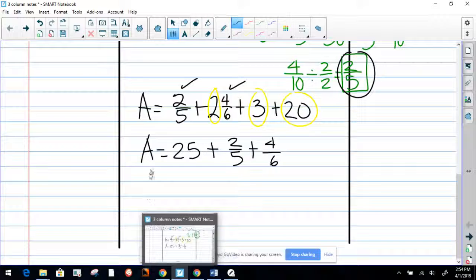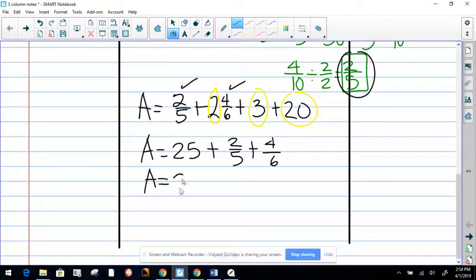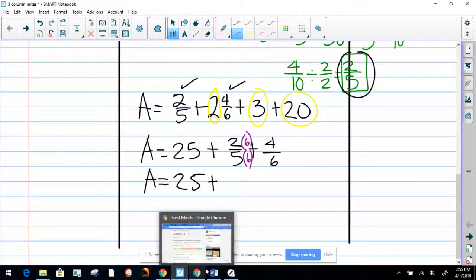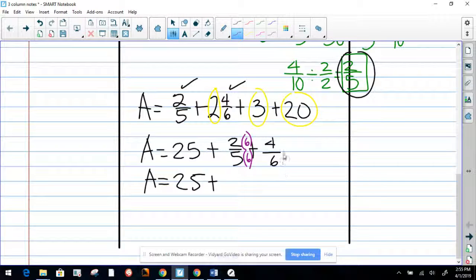So the way this is going to work, we're going to say area equals 25 plus. We're going to multiply opposite denominators. So let's multiply the opposite denominator of 5, which is 6. When you multiply that denominator, you have to multiply that denominator by the same number, and then you do the opposite to the opposite fraction.